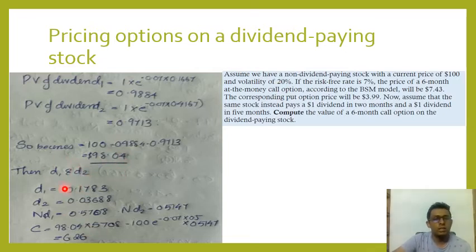Substituting all the values, you'll get d1 equal to 0.1783 and d2 equal to 0.03688. N(d1) from the cumulative distribution table is 0.5708 and N(d2) is equal to 0.5747.